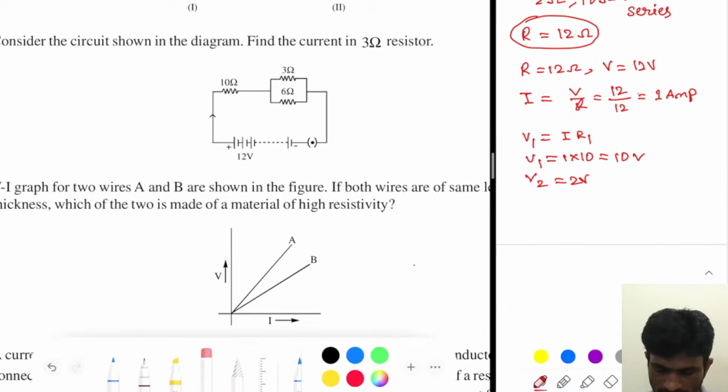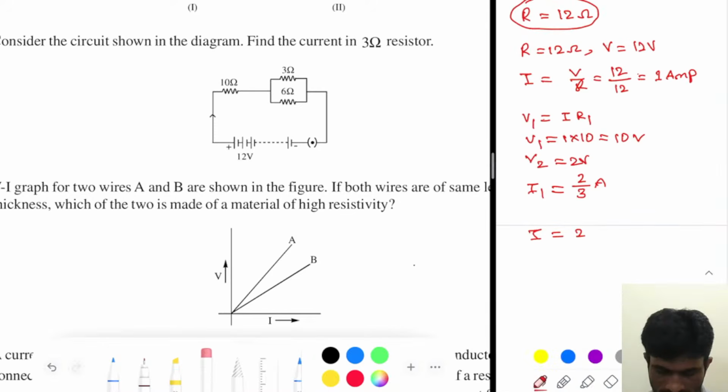Now I1 is equal to V by R. So V is 2, R is 3. So 2 by 3 amperes. This is the current through 3 ohms. If you want the current through 6 ohms, it is 2 by 6, which is 1 by 3.